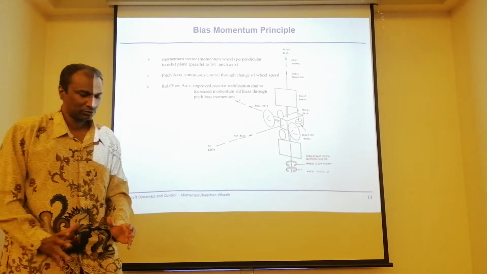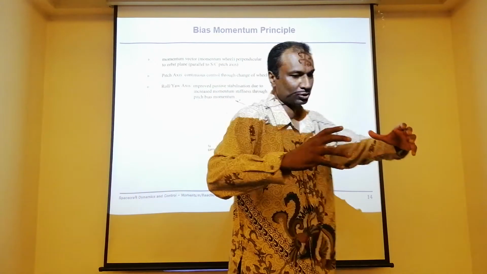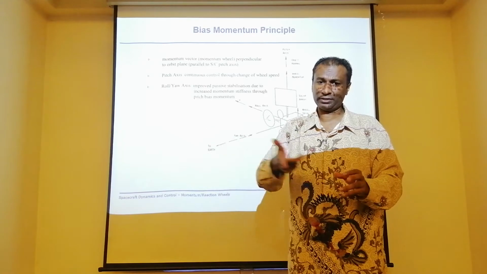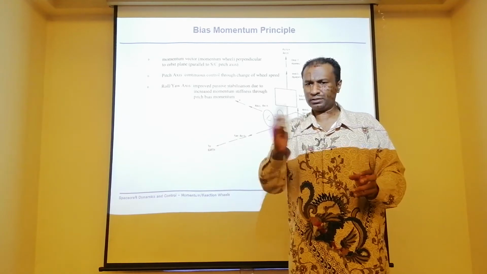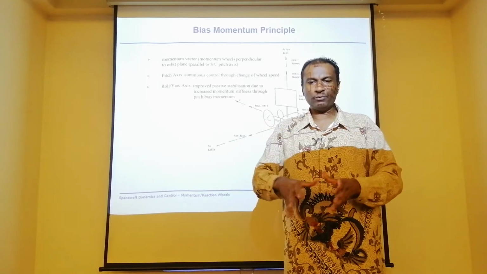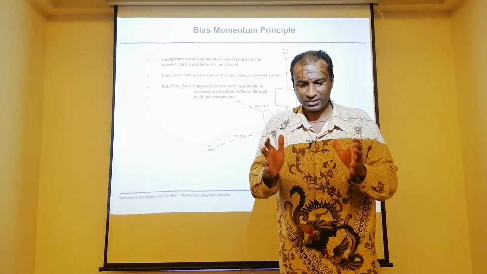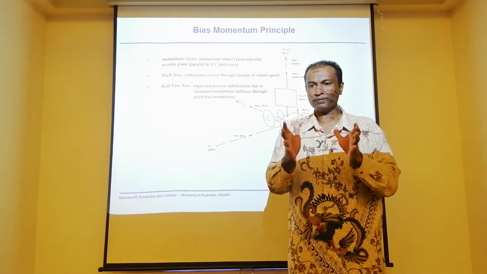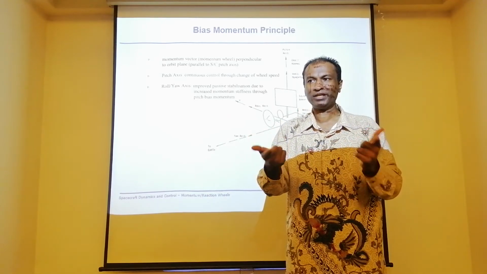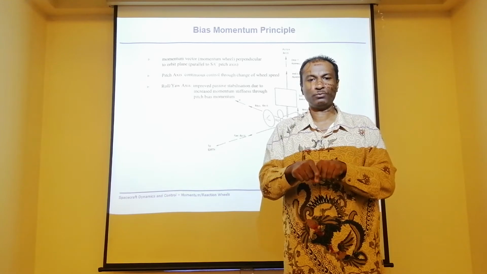Okay, now this you must understand: when you have the pitch axis, you have an angular momentum, just like the top spin that I explained just now. You throw a top spin, spinning very, very fast. It'll be very stiff. You have a gyroscopic stiffness. When you have a gyroscopic stiffness, it provides a very good stiffness to the other two axes, which are perpendicular to the actual rotating axis. Which are the axes?